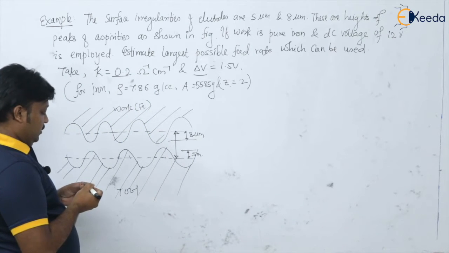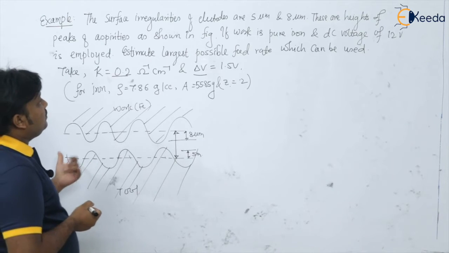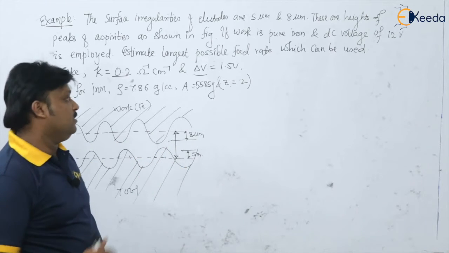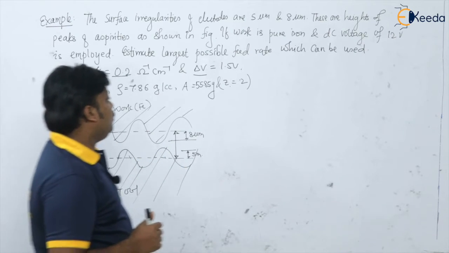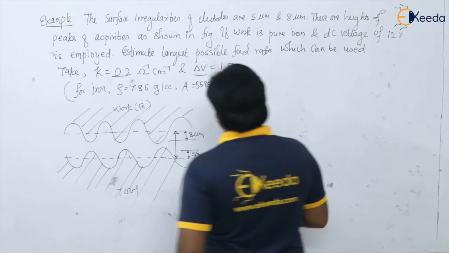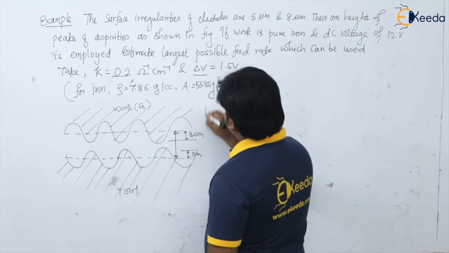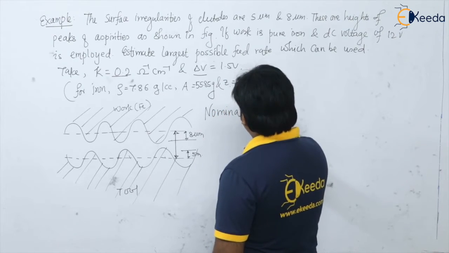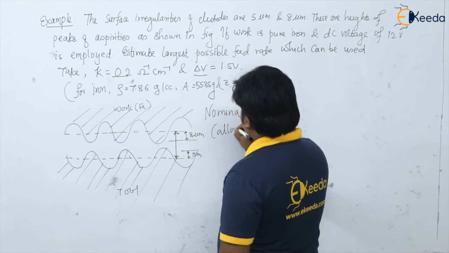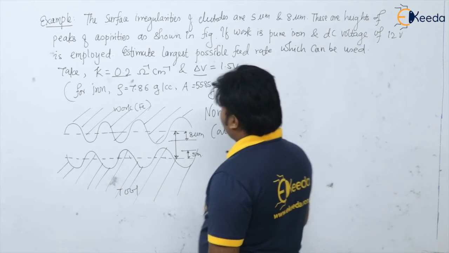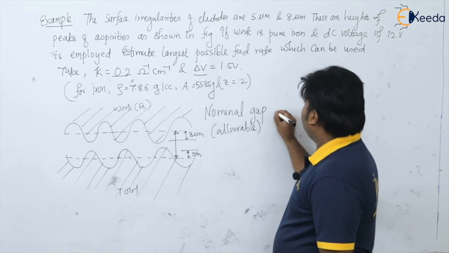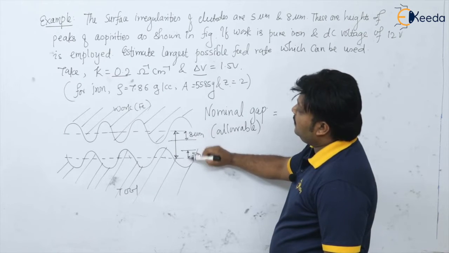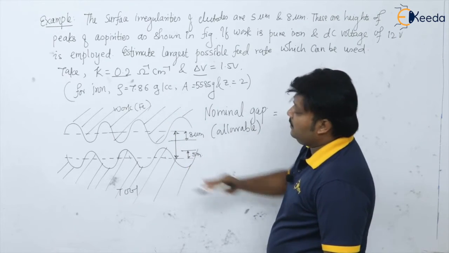So of course here the peaks of asperities are given for the work surface and electrode surface. In this case, what we have to take as the nominal gap, and what is this nominal gap? The allowable nominal gap between the two electrodes, that is work and tool, is the peak values of the work surface as well as the tool surface.